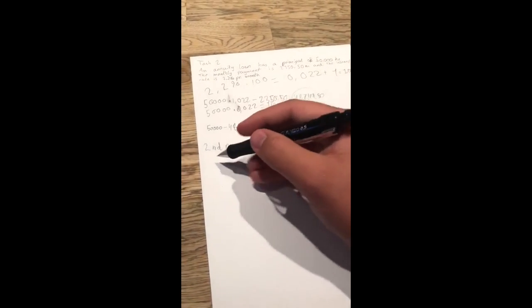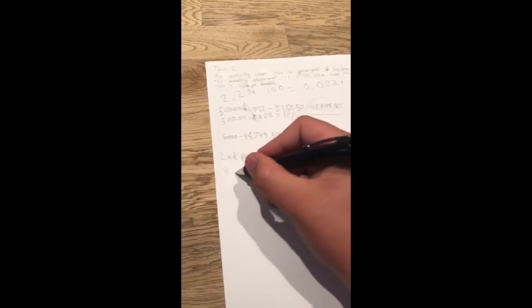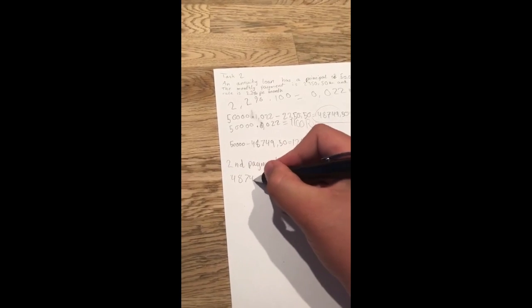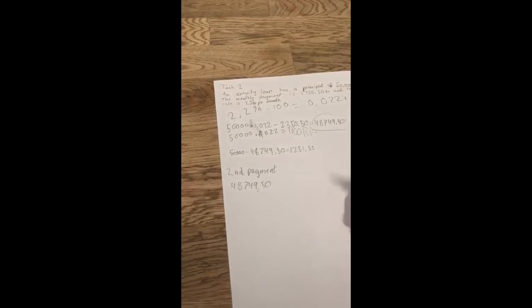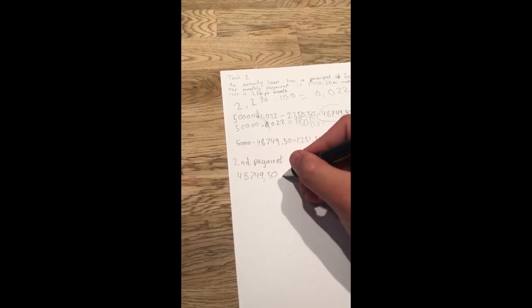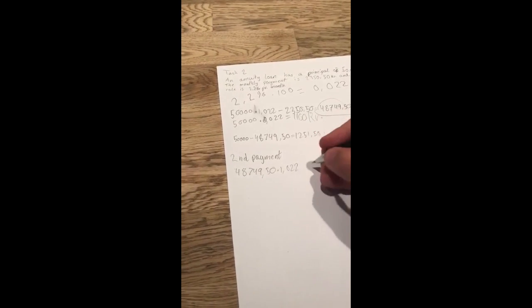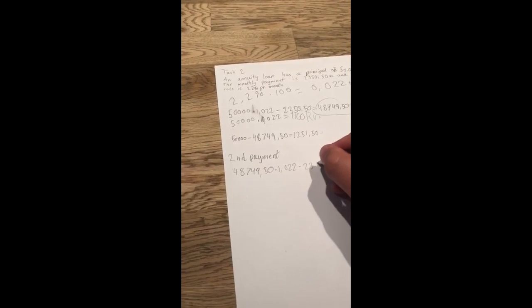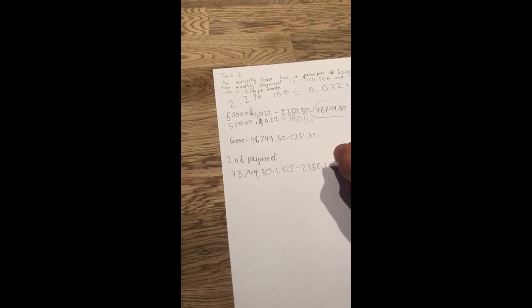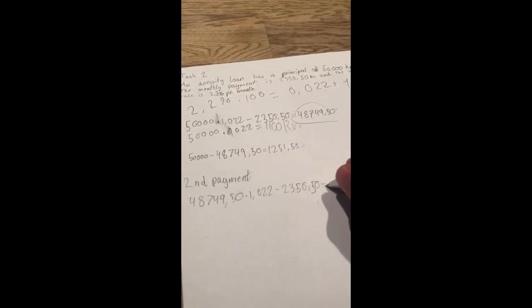This becomes the new principal value in the second payment, which will be 48,749.50 times 1.022 minus 2,350.50. Now this equals 47,471.49.